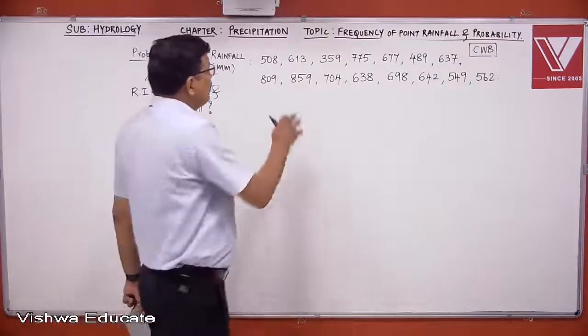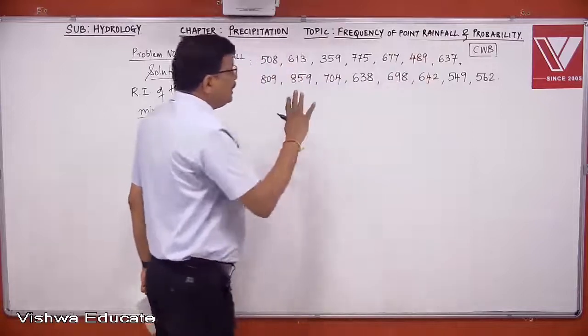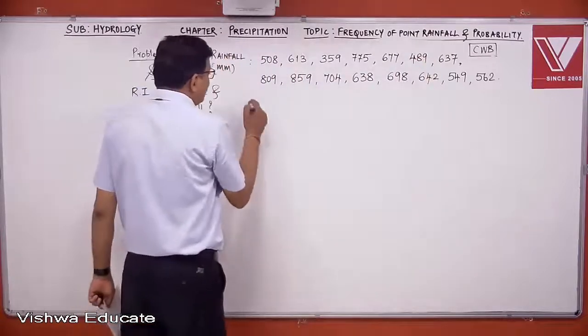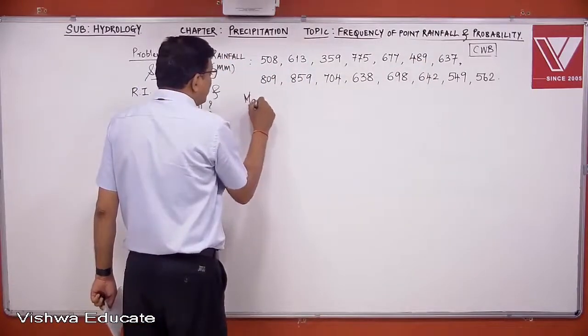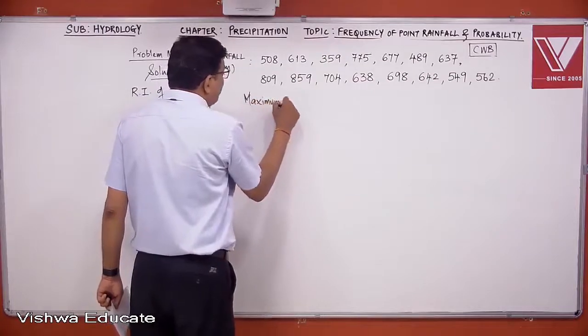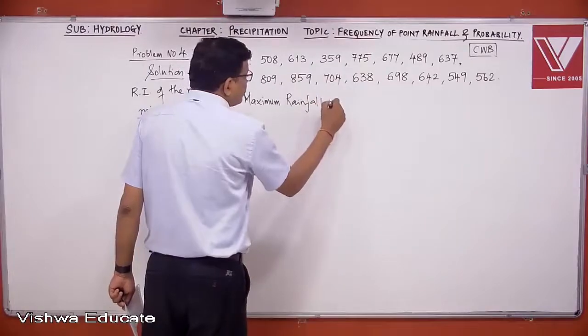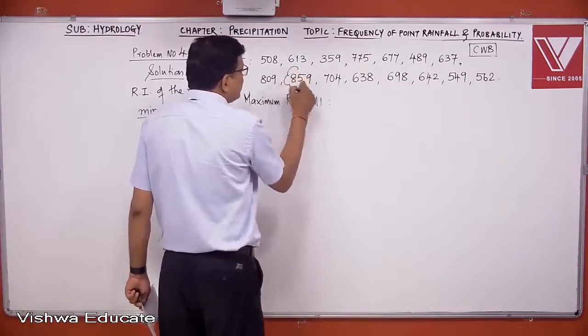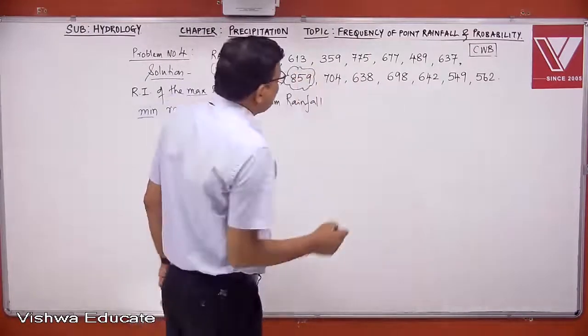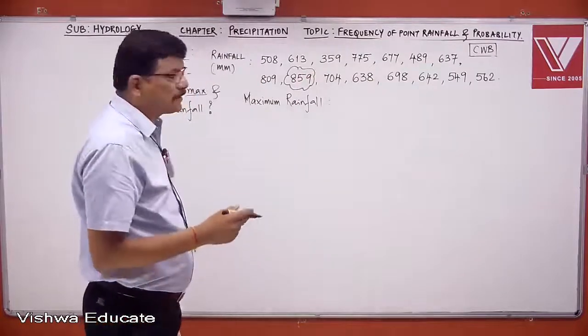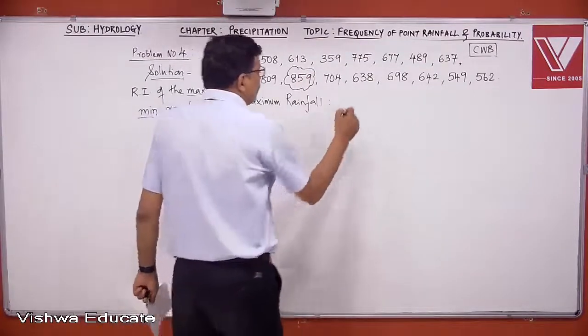So instead of rewriting all the values, I'll just write down the first value, that is the maximum value. So the maximum rainfall based on the above data is, you can see here, the highest value from this series is 859 millimeters.